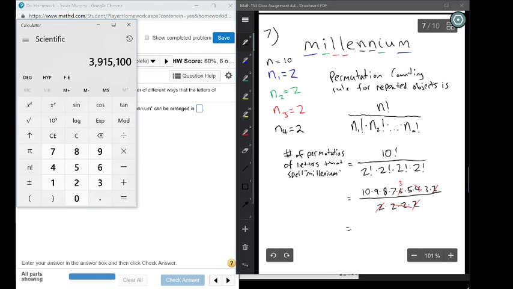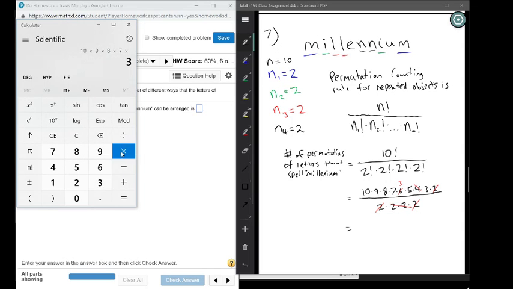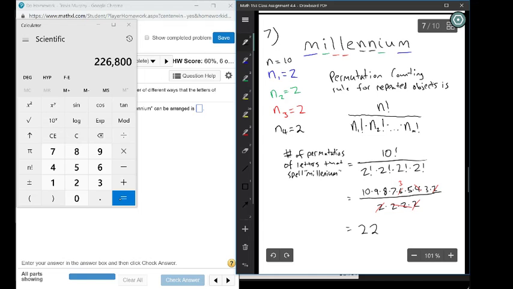So then that's 10 times 9 times 8 times 7 times 3 times 5 times 3, or 226,800 ways to arrange the letters that make up the word millennium.